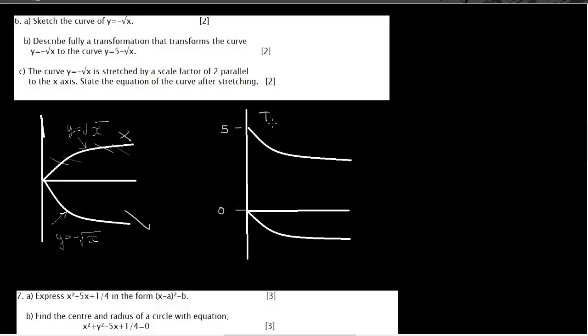And we can see it's a translation of 5 units vertically in the y direction. We've just moved it up 5 units. So we've taken y equals minus root x and moved it up 5 units. A and B.